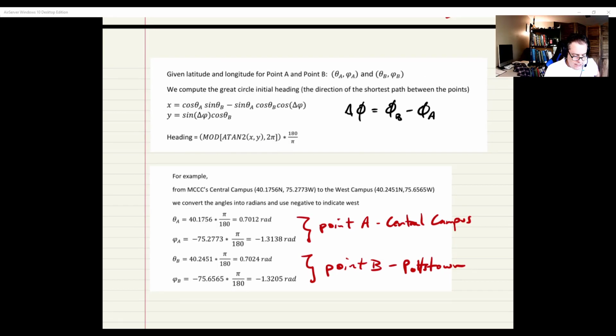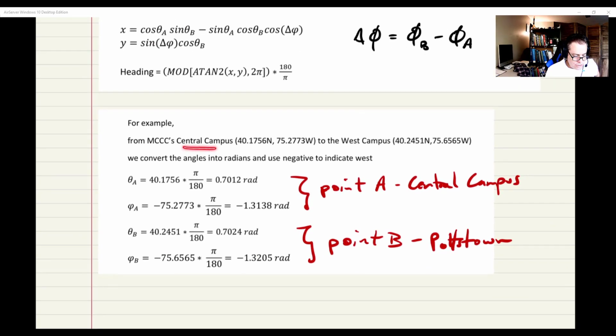So here is Montco's central campus at 40.1756 north, 75.2773 west. The west campus, I'll illustrate just that particular calculation here. And so this is the west campus at 40.2451 north and 75.6565 west, approximately.